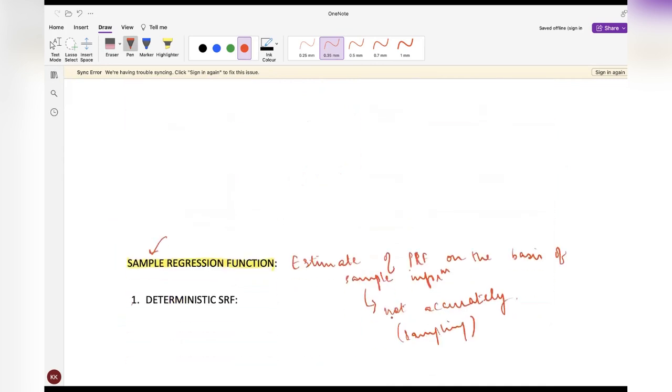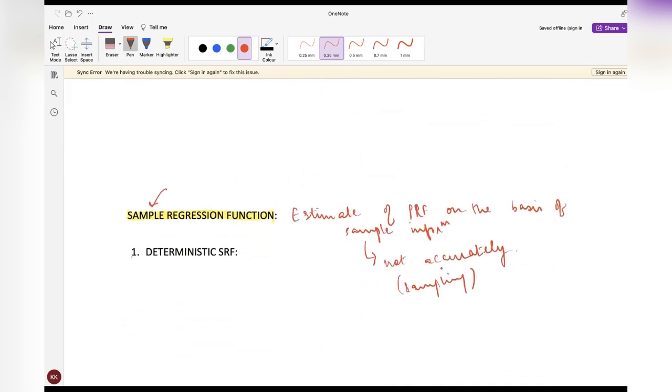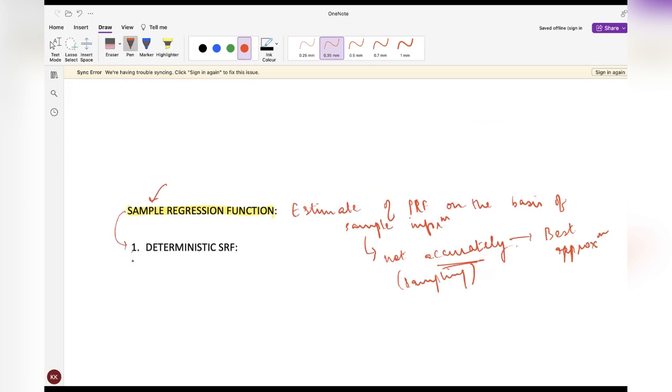So because of sampling fluctuations, it does not accurately estimate the PRF, but we try to get the best approximate of PRF, right? We try to get a sample regression function which is as close as possible to our true value of population regression function. Now, there are two types of sample regression function.